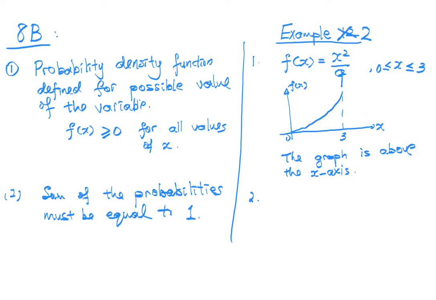For this probability density function, how are we going to find the sum of the probability? Find the area bounded by the probability density function. So let's check.